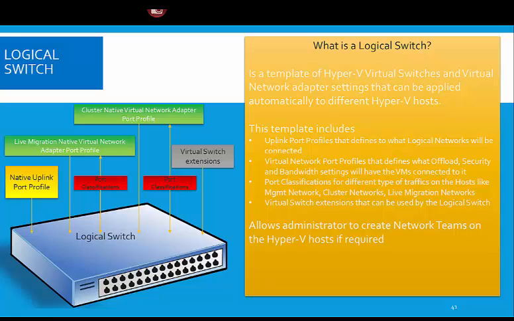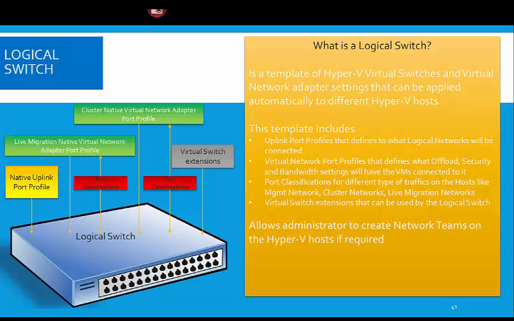4 types of switch extensions are supported in SCVMM. That's monitoring, capturing, filtering, and forwarding. So for monitoring, extensions can be used to monitor and report the network traffic, but they can't modify the packets. Capturing extensions can be used to inspect and sample traffic, but they can't modify the packets.